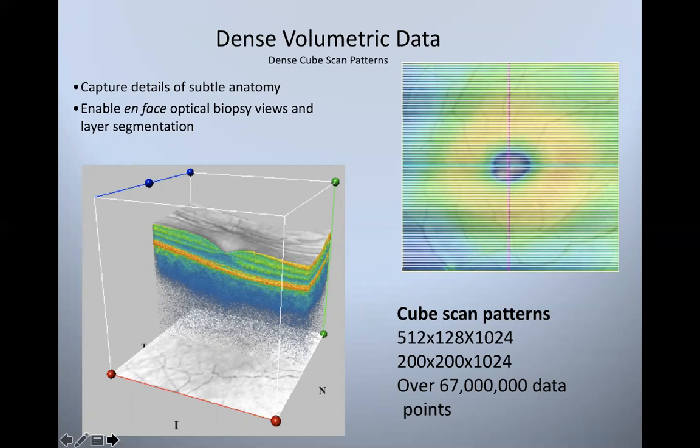Typically, most of the practices I'm involved with don't really use the three-dimensional function much. It's kind of a neat tool, kind of impressive sometimes, but for quick and dirty diagnostic values, the OCT B scan, or that line scan, is what is used for the most part.